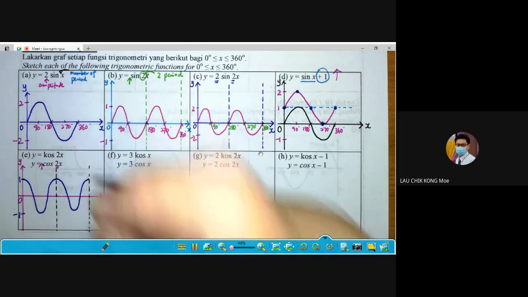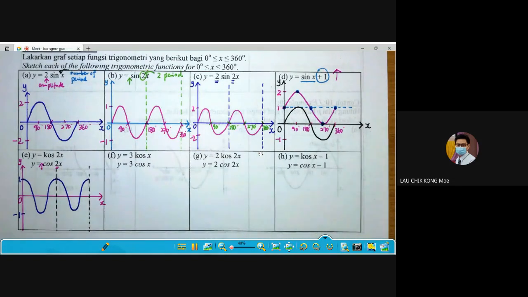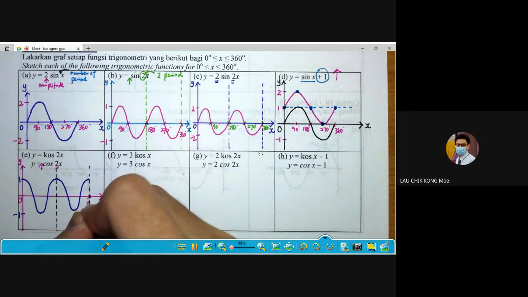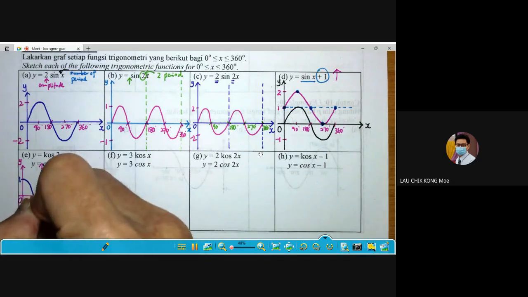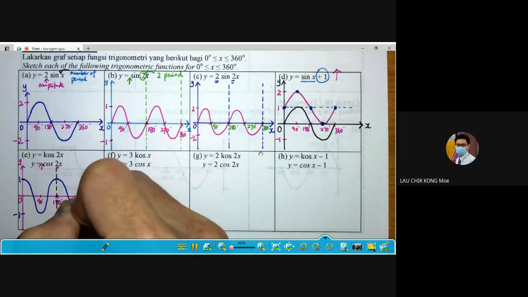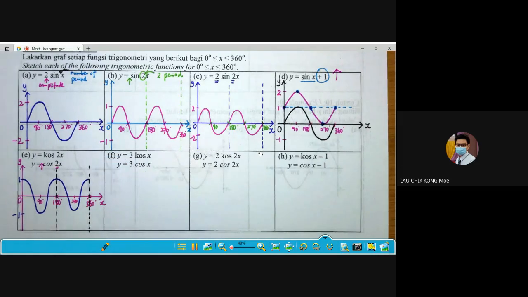Okay, 2 periods. This is 360 degree, this is 180, in between are 90 degree and 270 degree. We still use the 4 main angles. Very easy actually, not too difficult for you, I believe. So 2 periods, but the amplitude is 1.